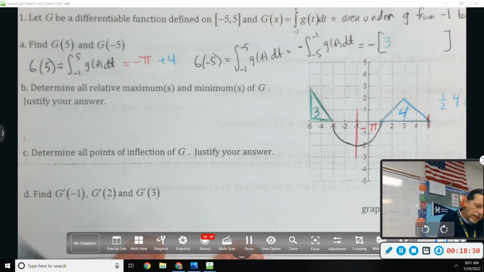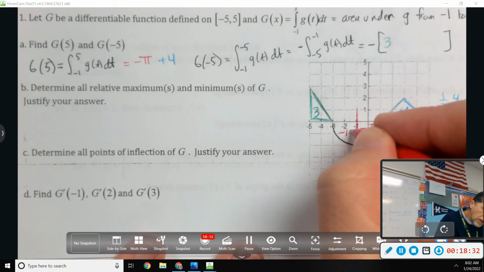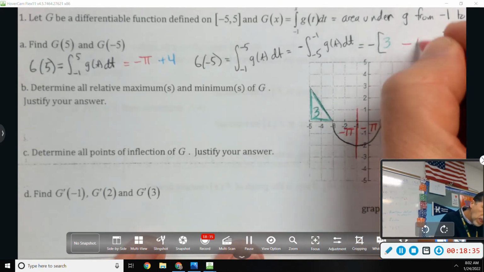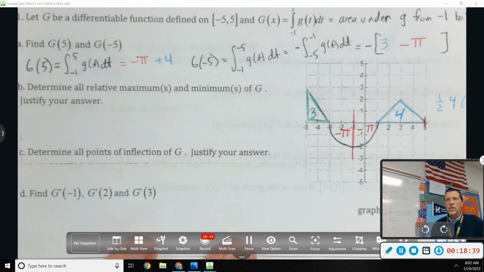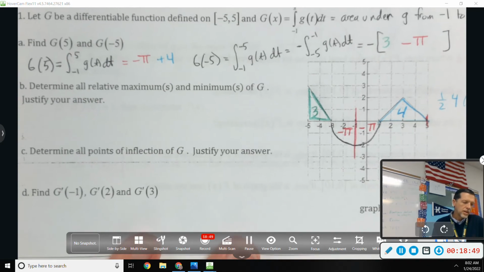That quarter circle is still negative pi. And I would just leave the answer like that. If you want to clean things up and distribute that minus sign, that's fine. But I would leave it like that.